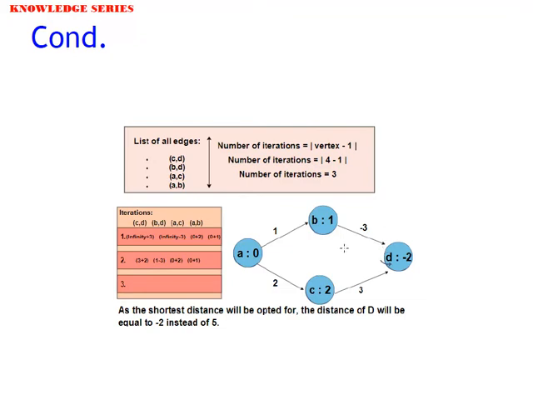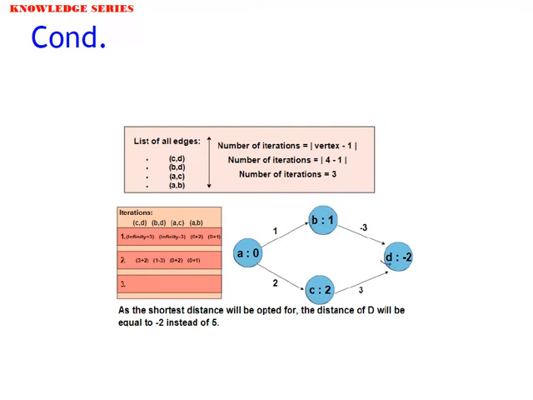In the second iteration, these two remain the same, but A will be aware of how to calculate the distance with respect to BD.